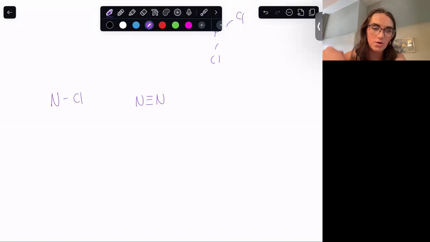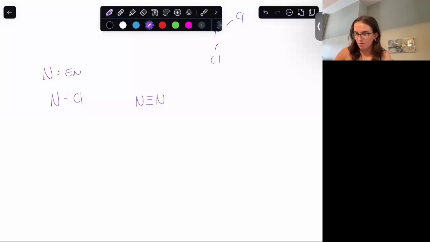Okay, so when we're looking at these two, nitrogen has 3, and then chlorine has an electronegativity of 3 as well.